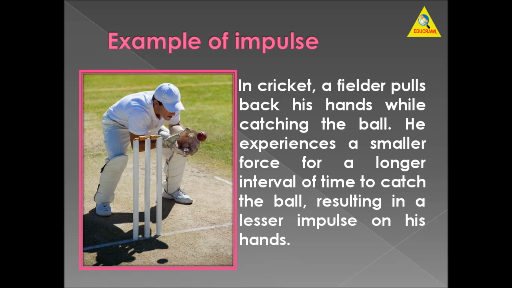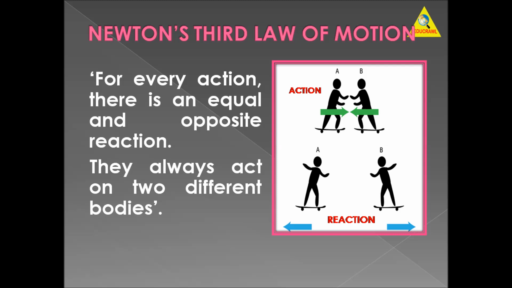Next, we shall see about Newton's third law of motion, which states that for every action, there is an equal and opposite reaction. They always act on two different bodies. We can explain Newton's third law of motion with an example. See the nearby picture. Here two persons are sliding on a board. When they come nearer and approach each other, they exert a force on each other.